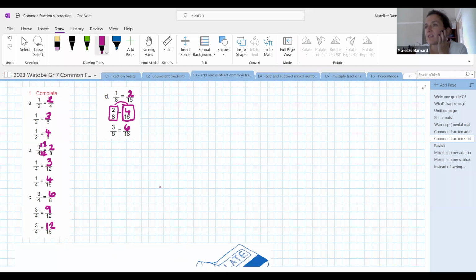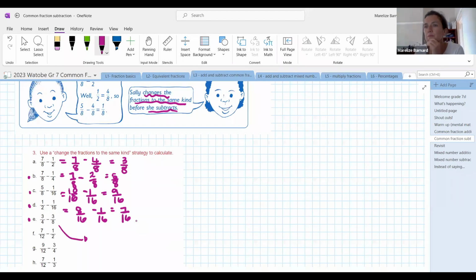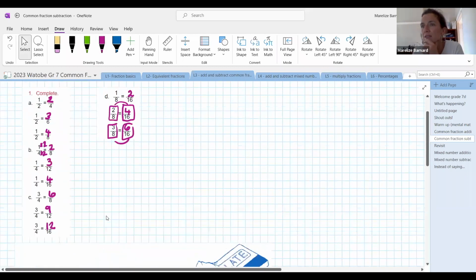So if you have 2/8, that's 4/16. 3/8 gives you 6/16, and in our case, 5/8, that's going to give you 10/16. So noticing little things like that just makes it a little bit easier. And then a half is going to be 8/16 minus 1. That's 7/16.